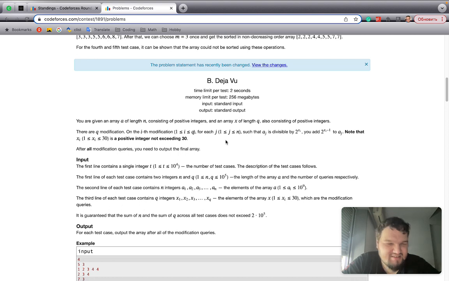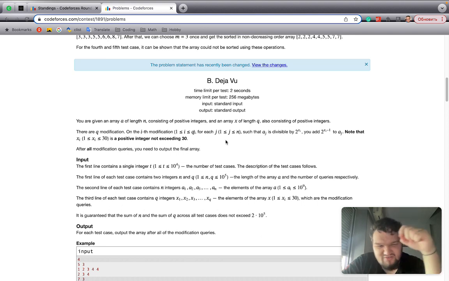I guess it means that my solution could be like n plus q plus log squared. Probably you can do even better than that.